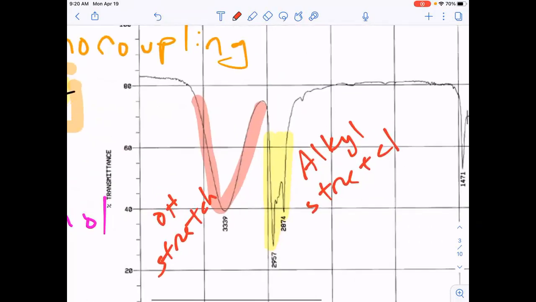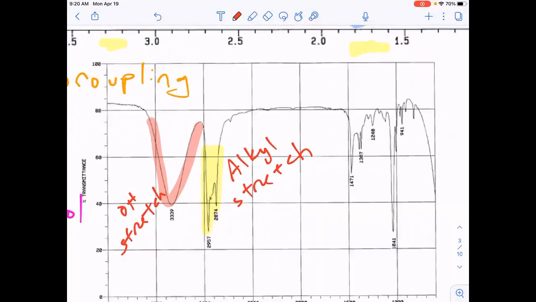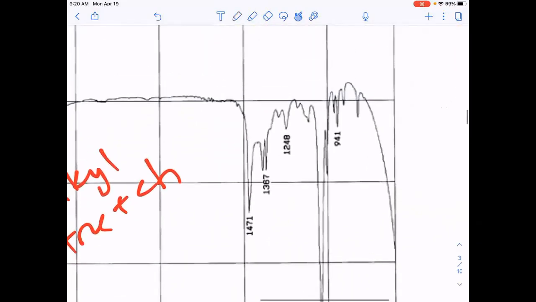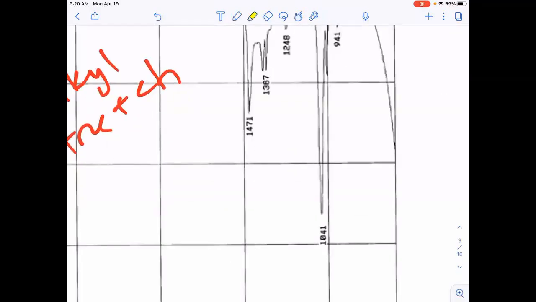It's an alkyl stretch. And it's the same range, somewhere between 2,800 and 3,000. But you can tell it because of how jagged it looks. It always looks jagged like that. And then the only other stretch in here that's important is right here. This stretch right here. That's a carbon-oxygen single bond stretch.